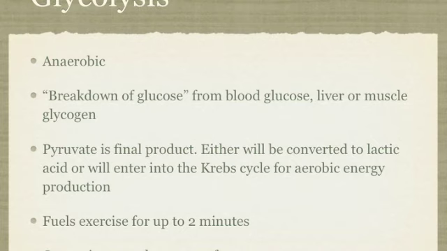So what happens to pyruvate in this process of glycolysis determines if ATP is going to be just produced anaerobically, which is the case when we convert pyruvate to lactic acid, or if it's going to be used for oxidative energy production in the presence of oxygen.